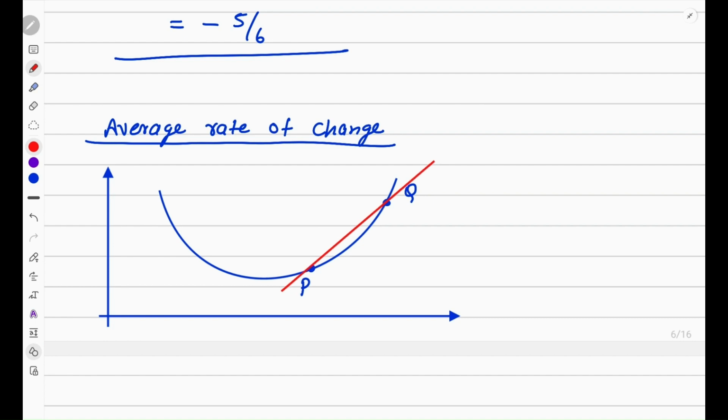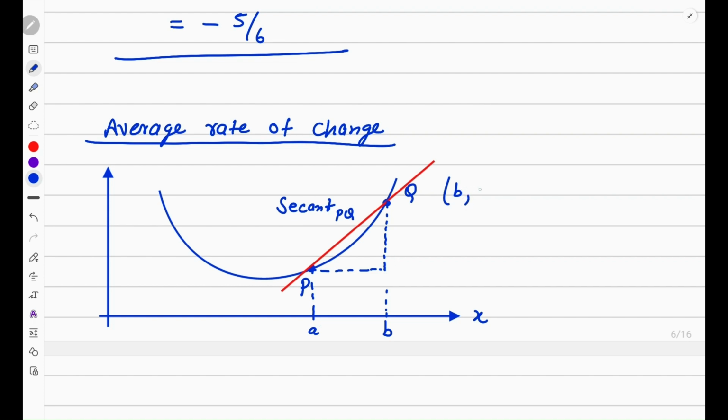This line passes through both points of the curve, and if we take the slope of this line, this is called the secant PQ. This is not the tangent, this is the secant PQ, and the Q point is at x equal to b, and the P point is at x equal to a.